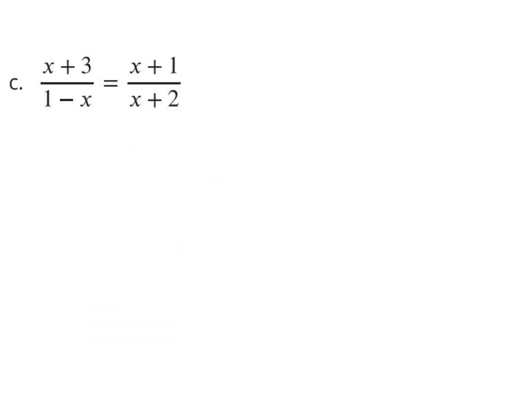Okay, for C, I'm going to cross multiply again. I get x plus 3, x plus 2 is equal to 1 minus x, x plus 1.